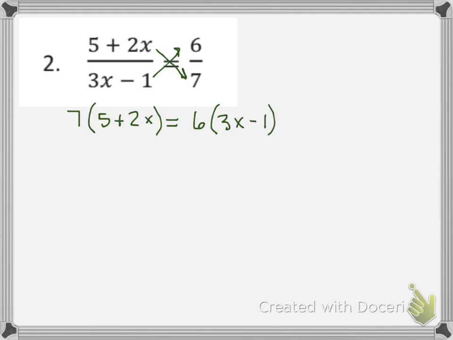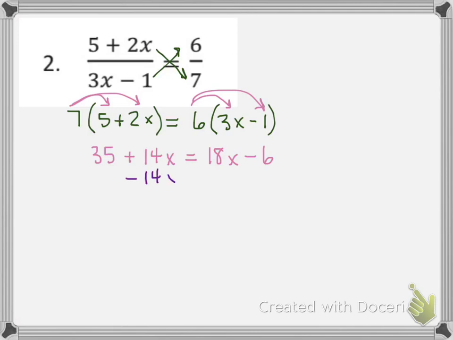And now we'll go distributive property. 7 times 5, that's 35, plus 7 times 2x is 14x, is equal to 6 times 3x is 18x, and 6 times a negative 1 is a negative 6. Now I can isolate the variable. First, get the variables on one side. Take 14x away from the left side, take 14x away from the right side. I'm left with 35 on the left side is equal to 4x minus 6 on the right side.